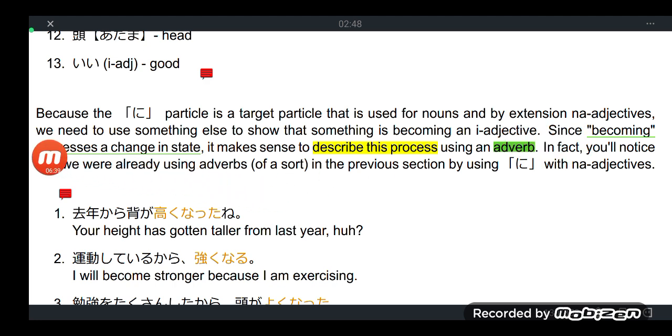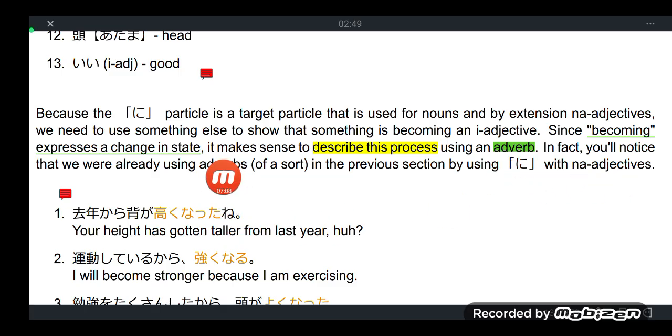And so sometimes we need to use something else to show that a thing is becoming something. And since becoming, or naru, expresses a change in state, it makes sense to describe this process using not just an adverb, but using an adverbial form of an I adjective.